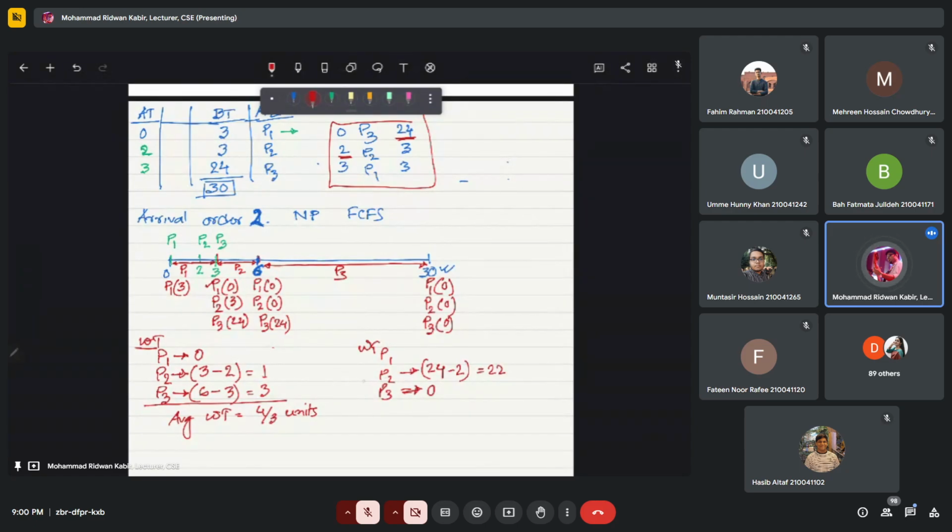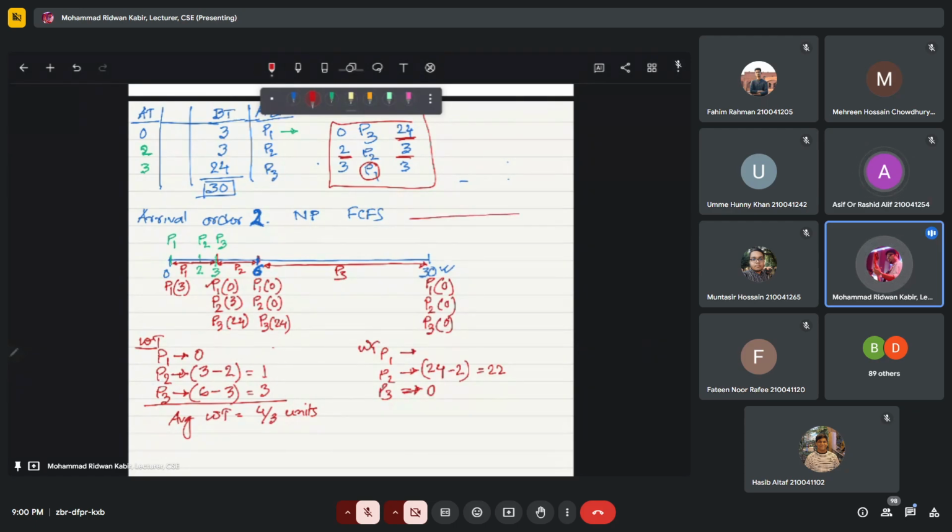The waiting period for P2 is 22 units. For P1, it gets the CPU only after P2 finishes execution. So when does P2 finish execution? At 27.